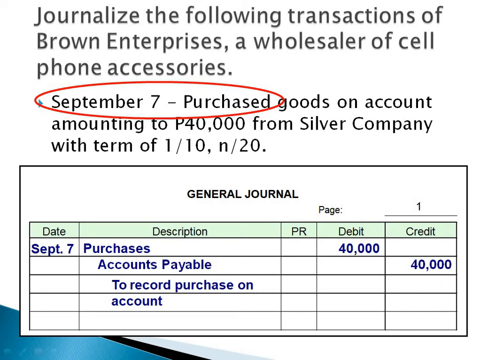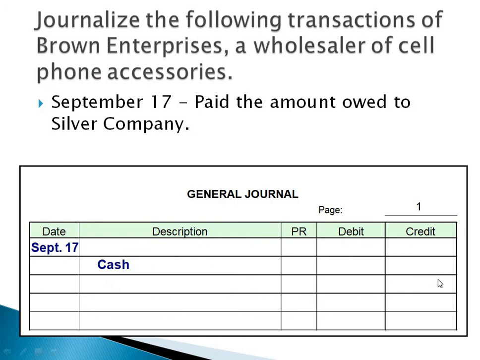None. There is no other transaction where we debited or credited these accounts payable to Silver. Therefore, on September 17, Brown paid this entire accounts payable of 40,000. Because it says here, paid the amount owed, meaning the entire accounts payable balance of 40,000 to Silver Company.